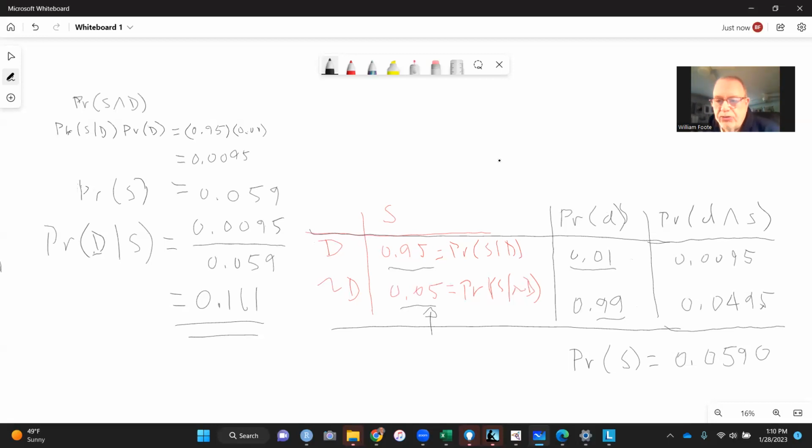Now, change these numbers, make the base rate really high. So if you make the base rate really high, what would this look like, 50-50? Okay.